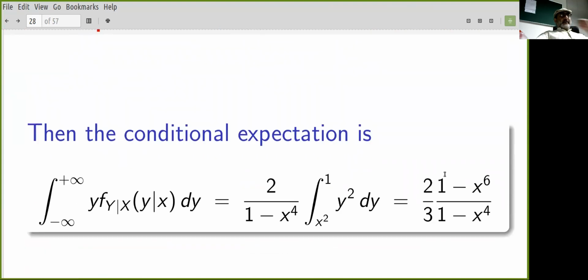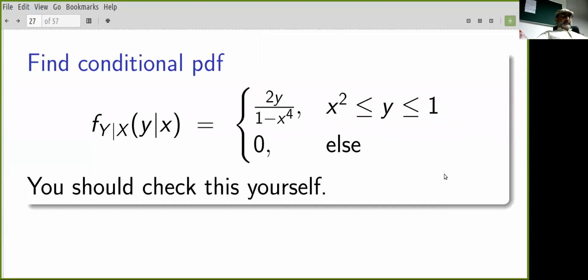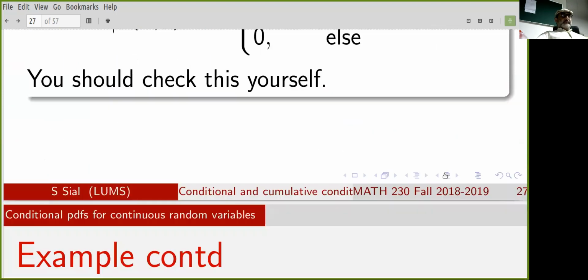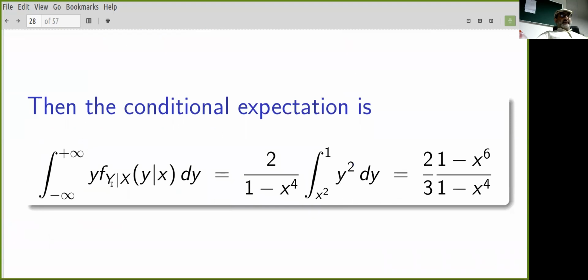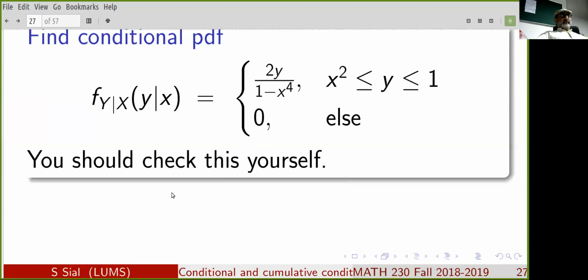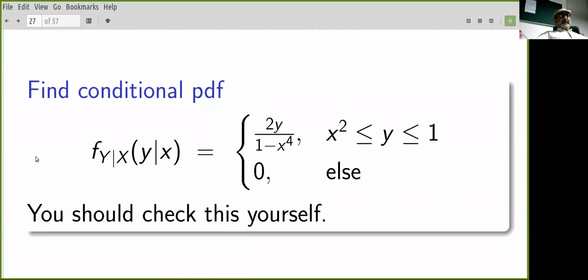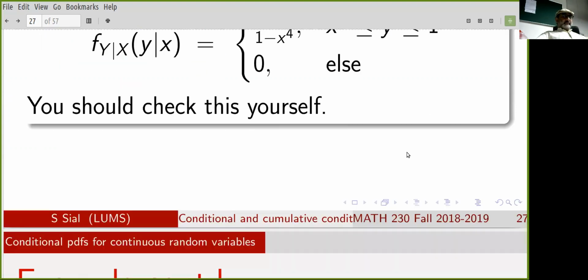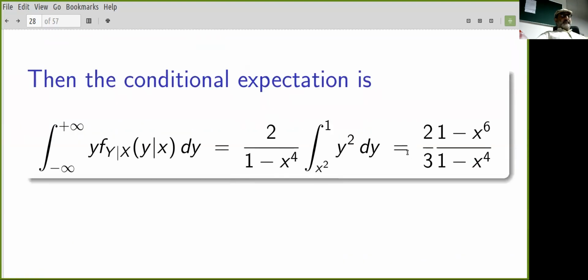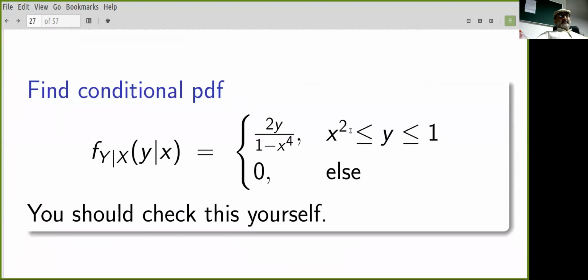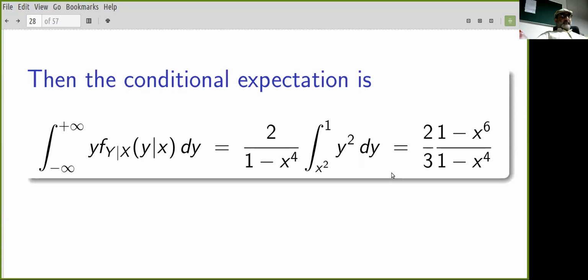Now to get the conditional expectation for y given x, you would multiply this by y, and you would integrate over the region where the PDF is not equal to 0. So that's from x squared to 1. So y times the conditional that we found, integrated from x squared to 1.